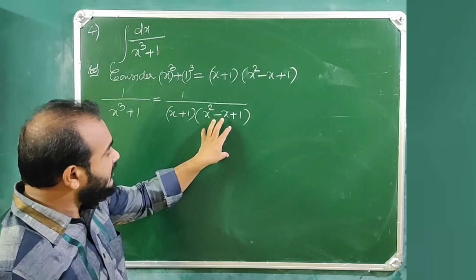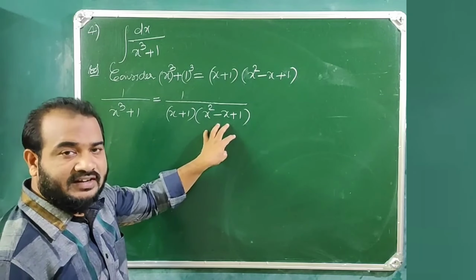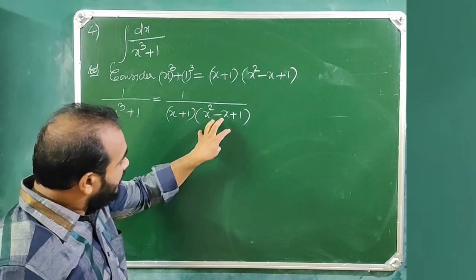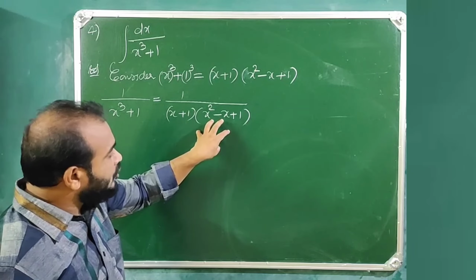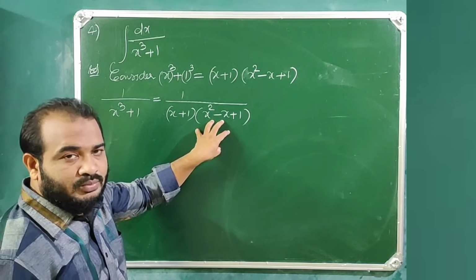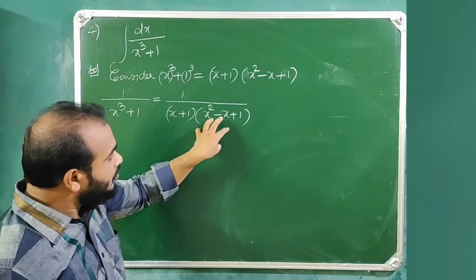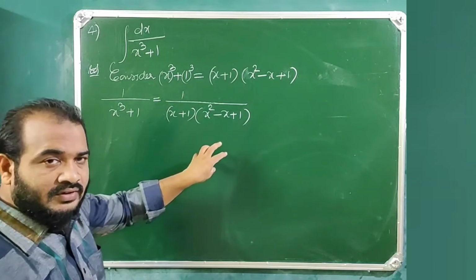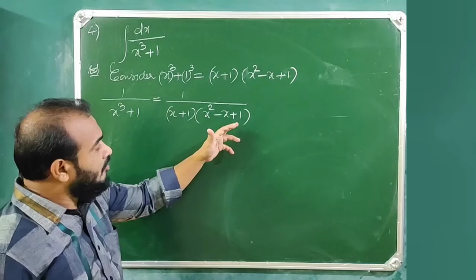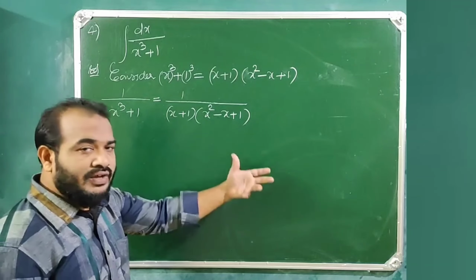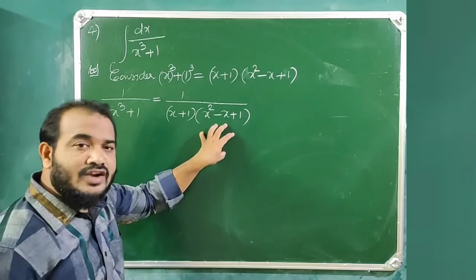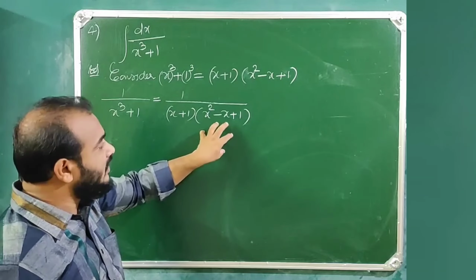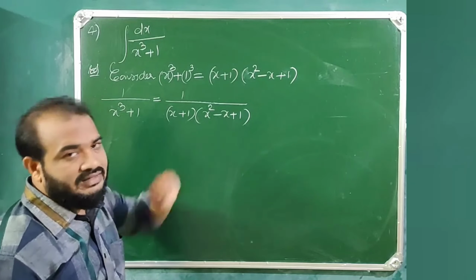Let us analyze which kind of quadratic factor it is. Is it a reducible quadratic factor or an irreducible quadratic factor? If it is reducible, it will be treated in one way. Otherwise, if it is an irreducible quadratic factor, then it goes in type 3.